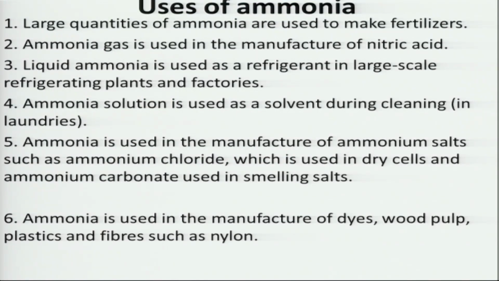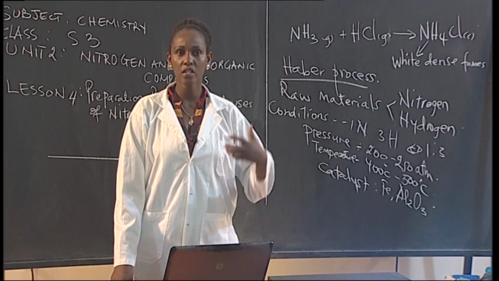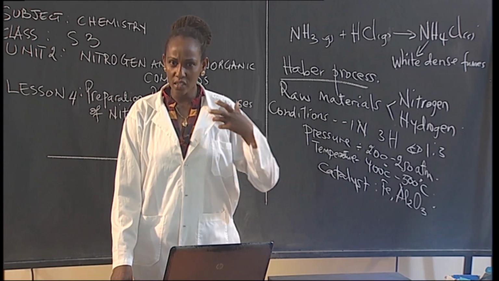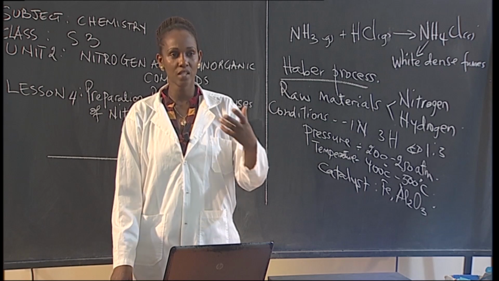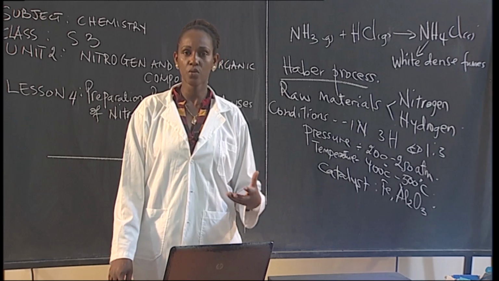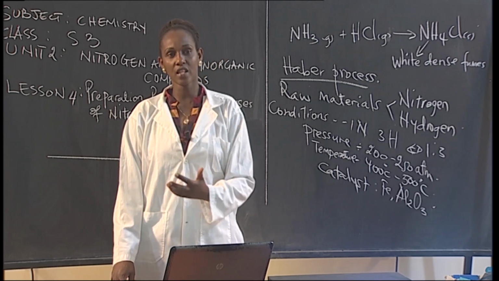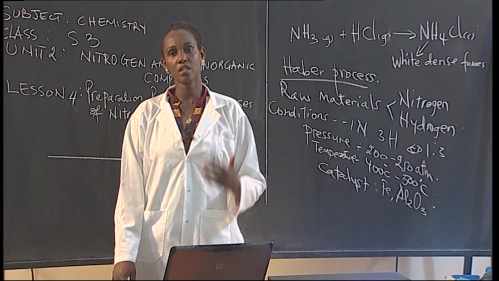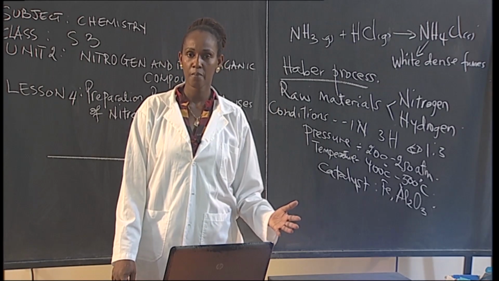From there, after we have learned the uses of ammonia, when you are here in class, you should always continue to put in your mind the objective of the lesson. You remember, when we were starting the lesson, we said that at the end of this lesson, you should be able to tell the preparation of ammonia.